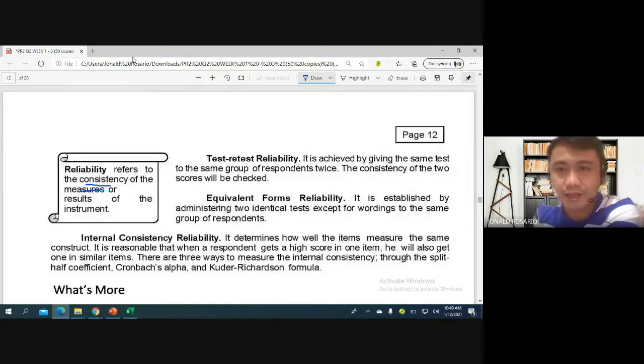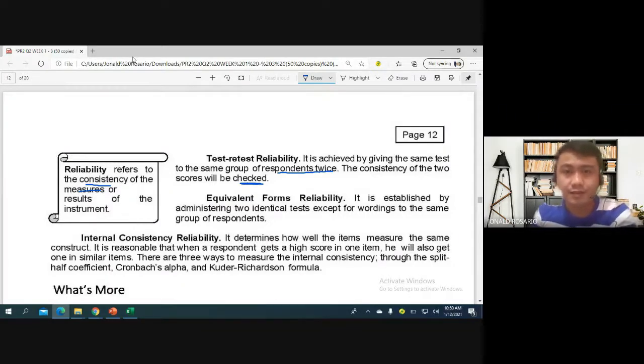It is achieved by giving the same test to the same group of respondents twice. So dapat daw the consistency of the two scores will be checked. So nag-test yung unang grupo and then magte-test ulit sila, and then i-test natin kung consistent yung mga scores nila.